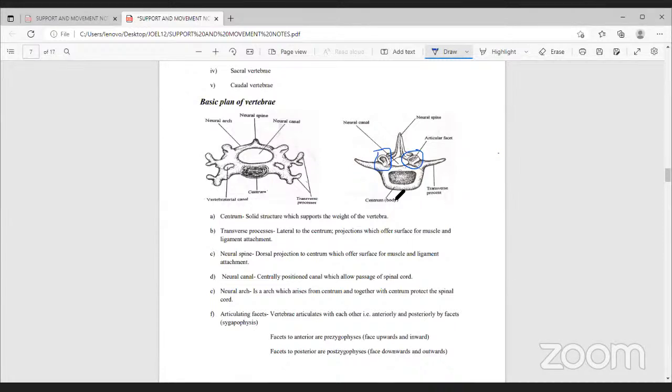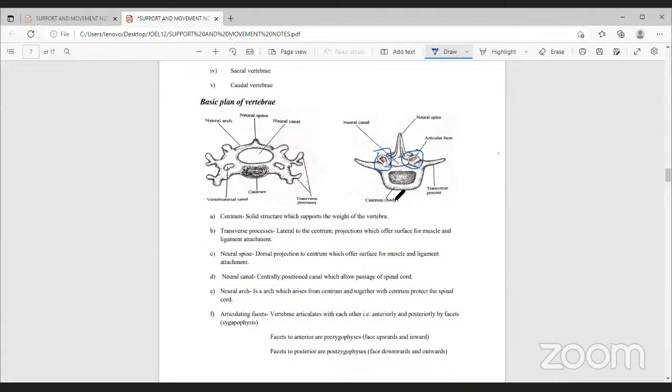It is a projection. Any projection, when you are dealing with the bones, they all provide surface for muscle attachment. Maybe you can note that one somewhere, that projections on the vertebral column provide a surface for muscle attachment.